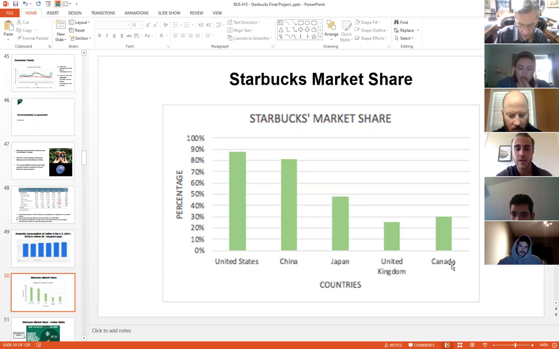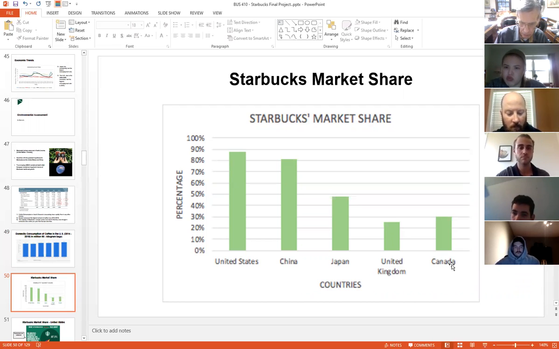What we have to look at is that Starbucks has a low market share in Canada, but I'll be talking about that later in the presentation. Recall that Starbucks had 3,700 stores in China, but those 3,700 stores represent 80% market share. So Starbucks is in a very good position to continue its growth in China.